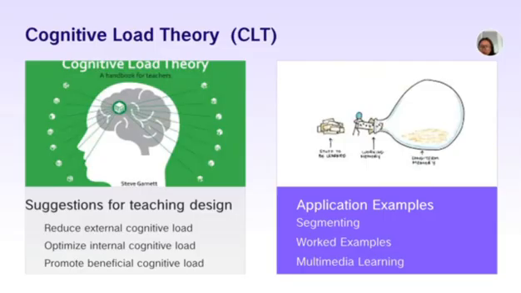According to the inspiration of CLT, we can take the following suggestions to improve learning effect in teaching design. First, reduce extraneous cognitive load. That is, remove unnecessary interference factors. For example, remove irrelevant images or text to avoid distracting students.